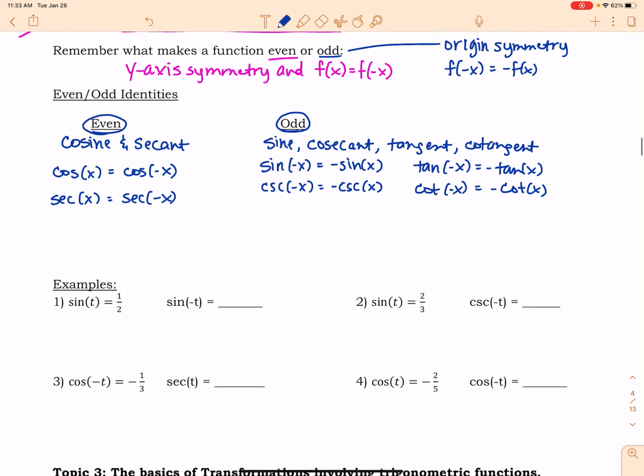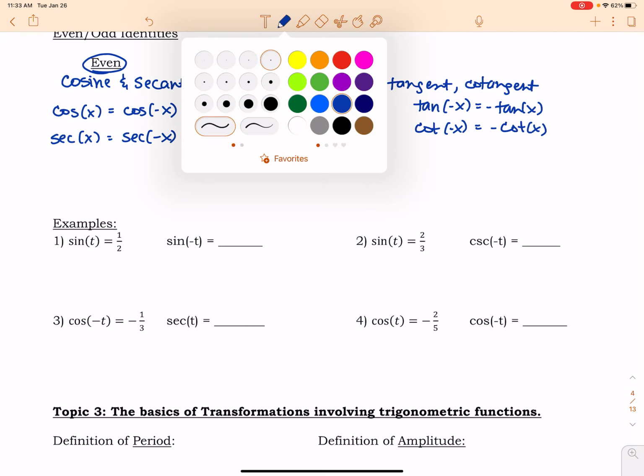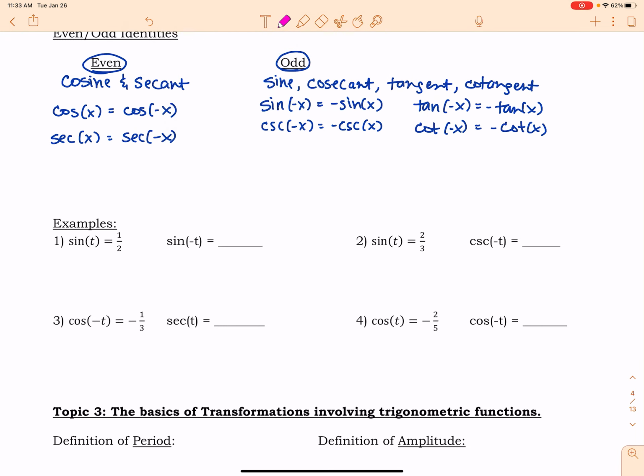If you will scroll down here with me, our very first example, we have sine t equal to 1/2, and we want to know what sine of negative t is going to equal. Well, we're dealing with sine, so we're going to use this identity up here. I know that sine of negative x equals negative sine of x.